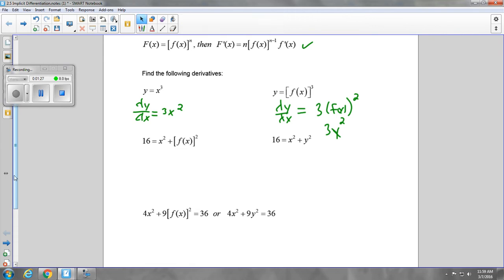Oh, sorry, my bad. This is where things change. So this is really saying 3 f of x squared, which is the same as 3y squared. But this is different than this, right? We had x's in the first one, and now we've got 3y squared. So this is where things change.